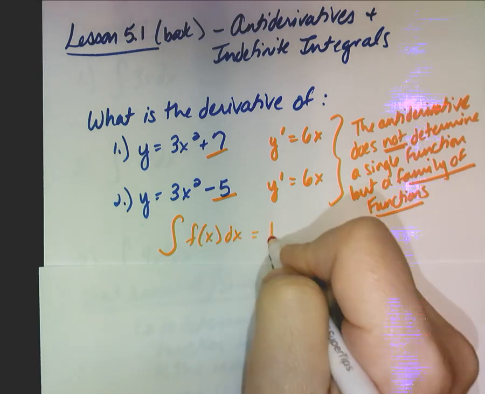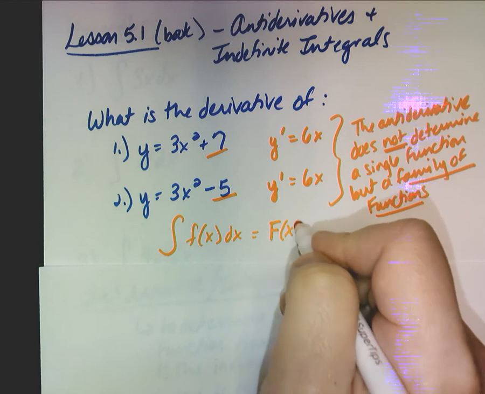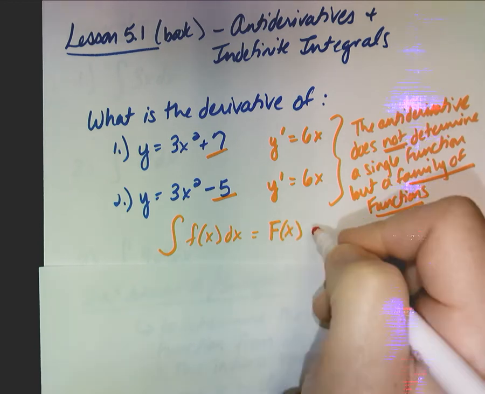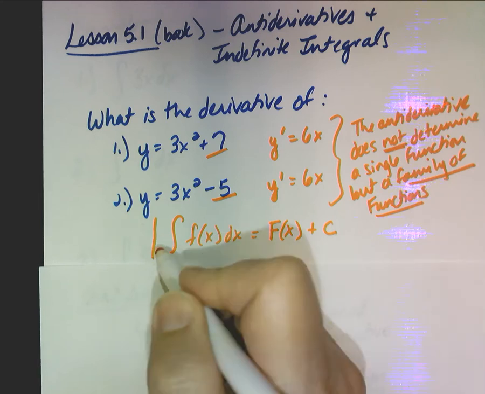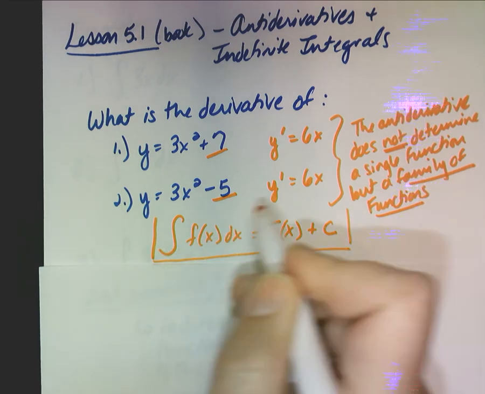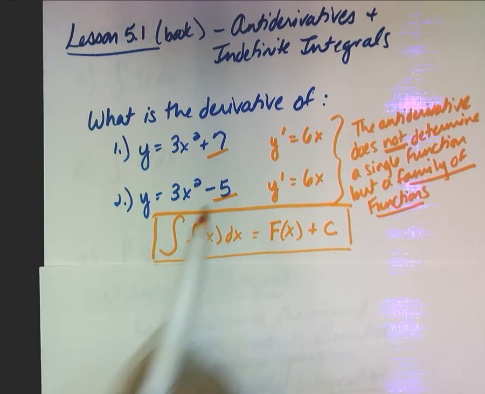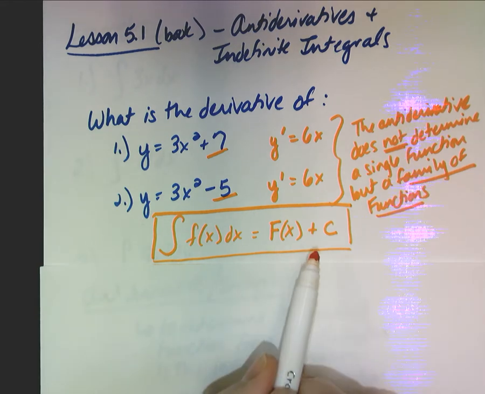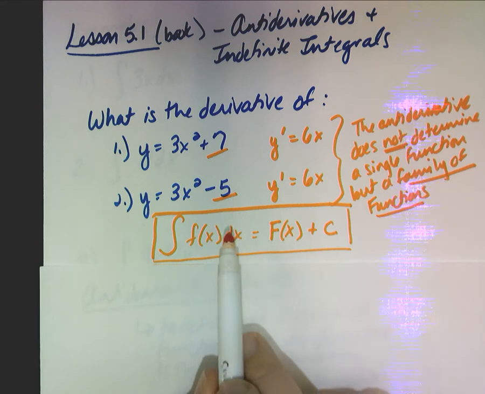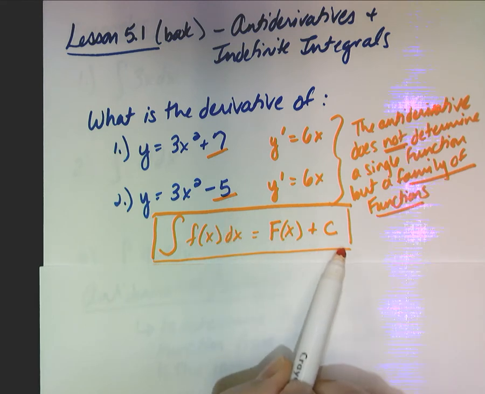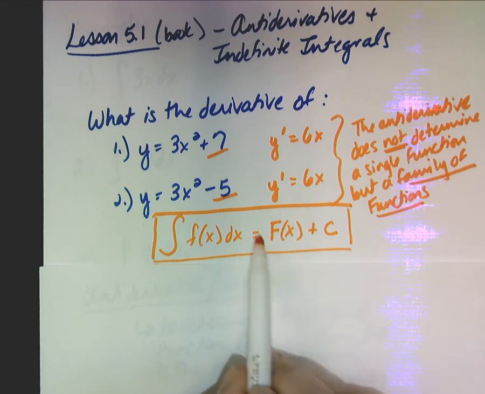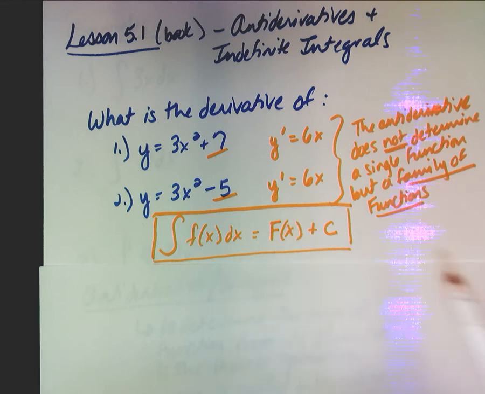To get the original function, we call it capital F, we have to add plus c because we don't know what that value is, unless we had a point, which I'm going to show you later in an example. So after you take the antiderivative of what we're doing today, you always put plus c because that's the family. This is the family 6x plus something.